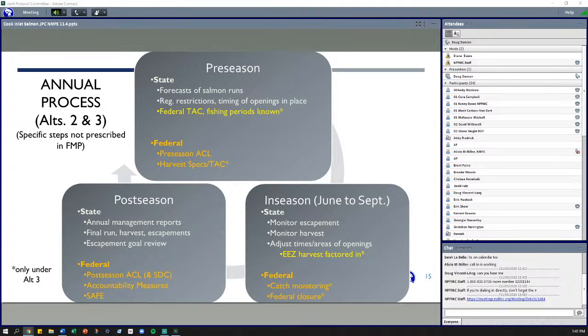So these are management actions that would be taken in the event that an annual catch limit was exceeded. So this would be for salmon fishing reductions and slightly more conservative management in future years. And then the salmon plan team, in addition to working through the ACLs and SDCs, would prepare the stock assessment and fishery evaluation.